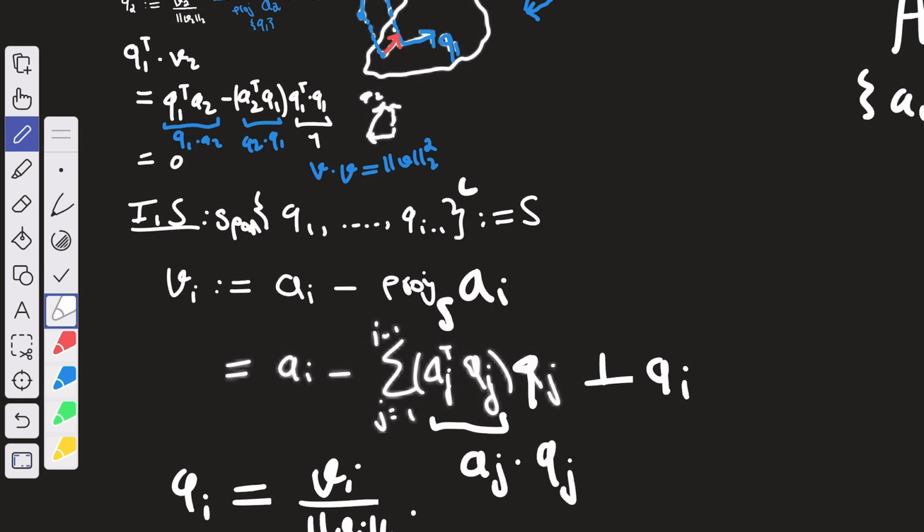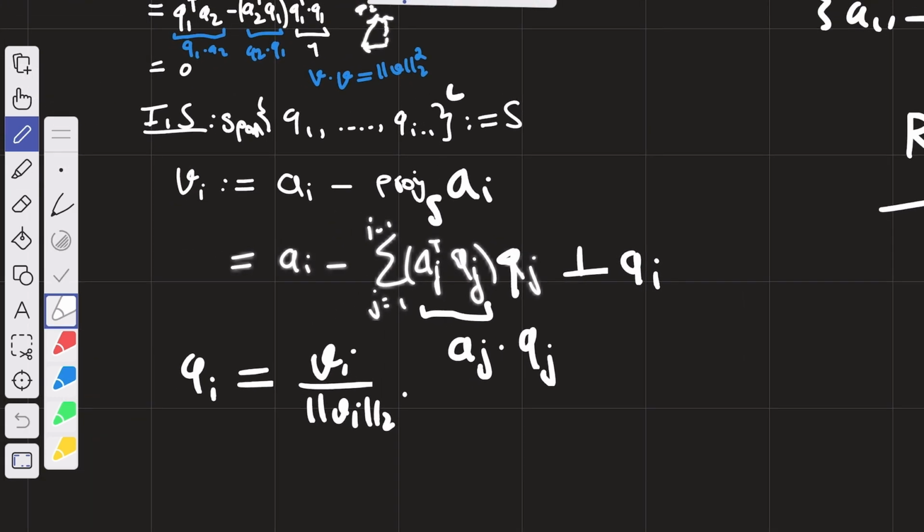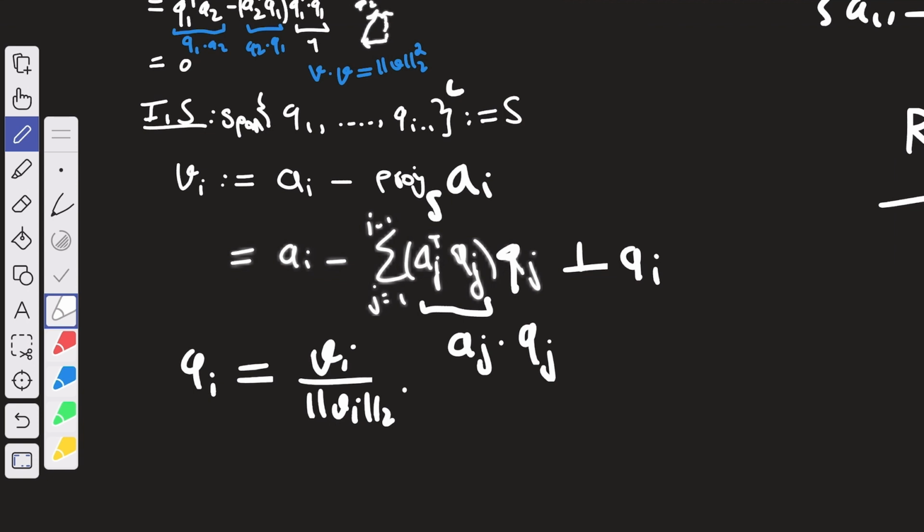Just as before, we can check by dotting with qi on both sides that this vector vi will be orthogonal to the previous vectors. There is one more thing left to be done, which is that we want to normalize the vector we've gotten. So we define qi to be just the normalization of this vector, and this is actually the Gram-Schmidt procedure.